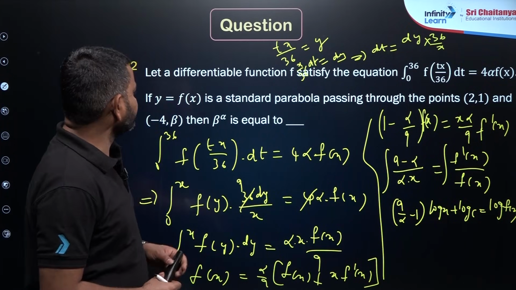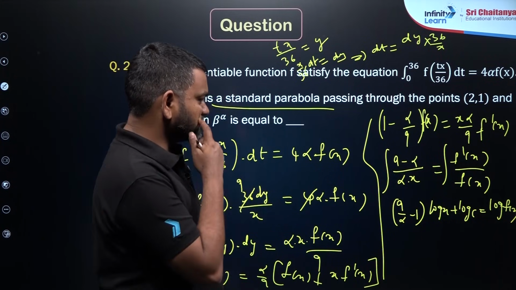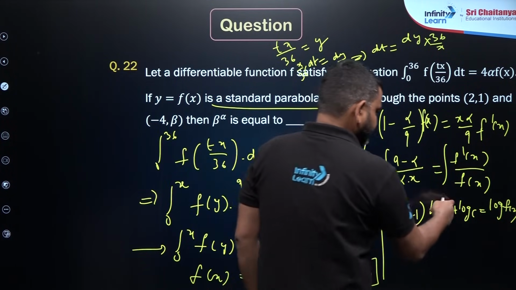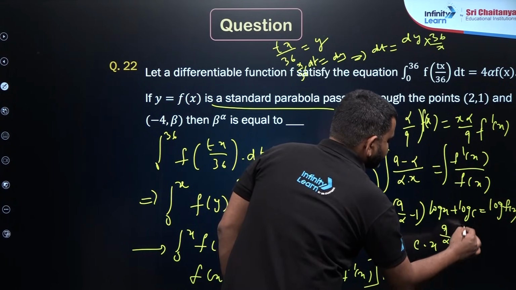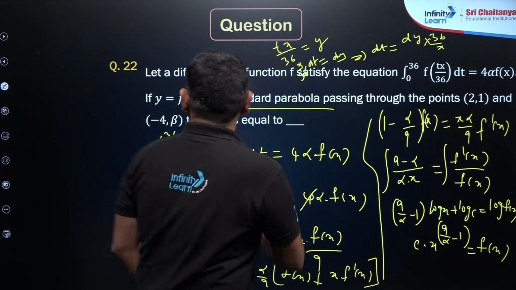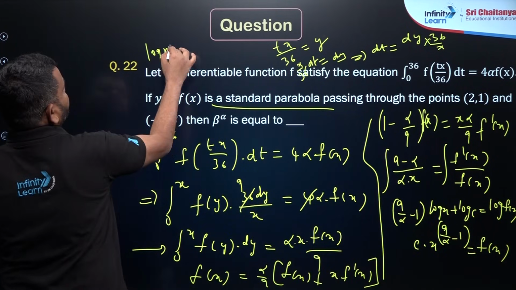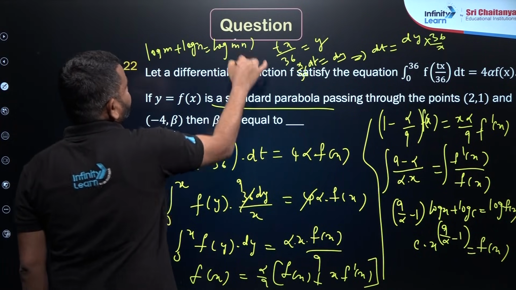Now what did they give? They are saying that this is going to become a standard parabola. So to become a standard parabola, can we say this as c into x power 9 by alpha minus 1 equals f of x, because of the logarithm formula, log m plus log n is equals to log m into n, right?